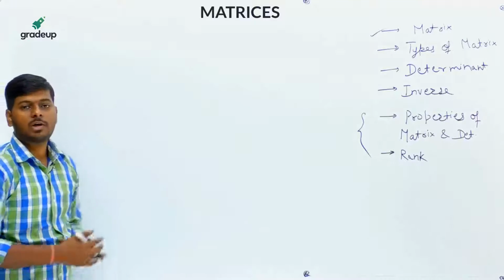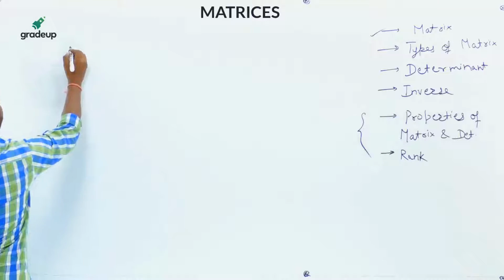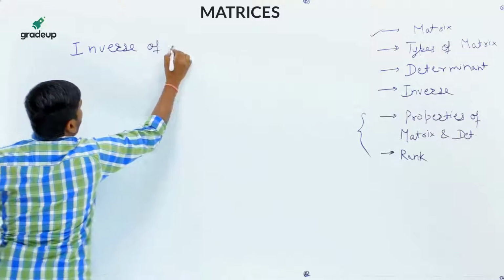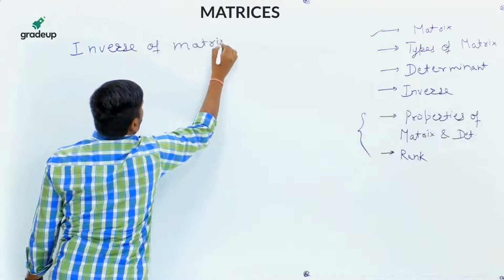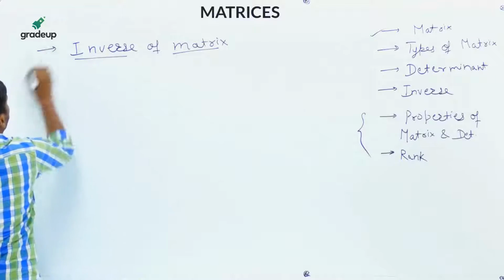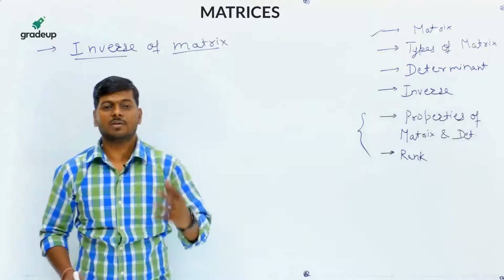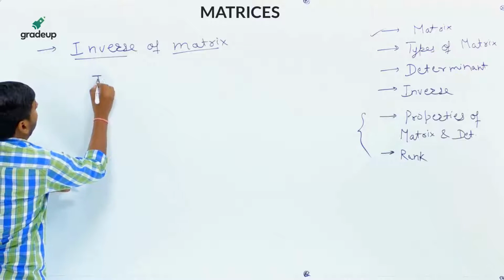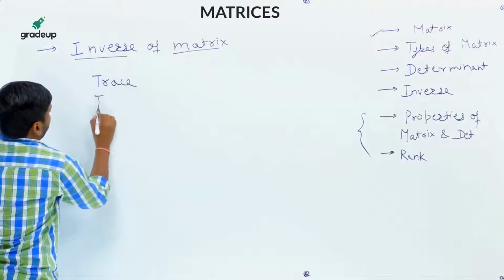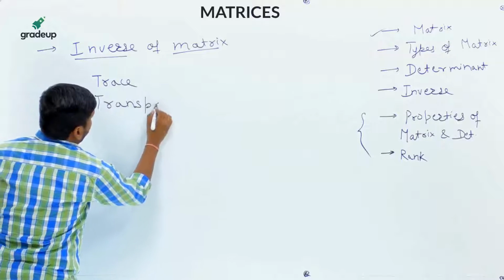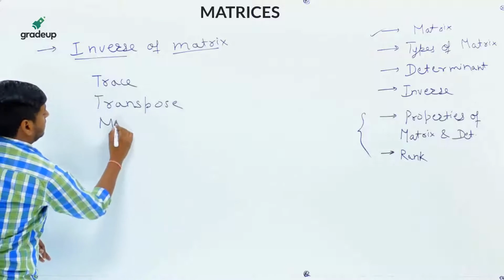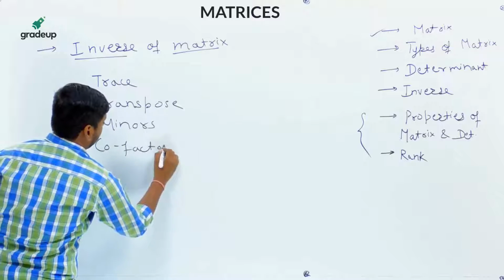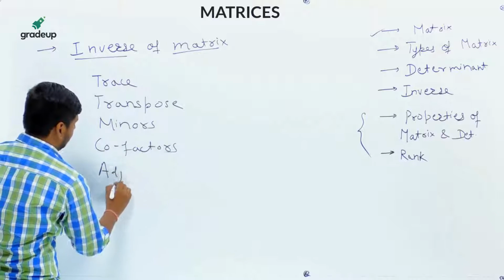Now let's move to the important concept, that is the inverse of a matrix. Before finding the inverse of a matrix, we will have to become familiar with some terms of the matrix, that is trace of a matrix, transpose of a matrix, minors of a matrix, cofactors of a matrix, adjoint of a matrix.